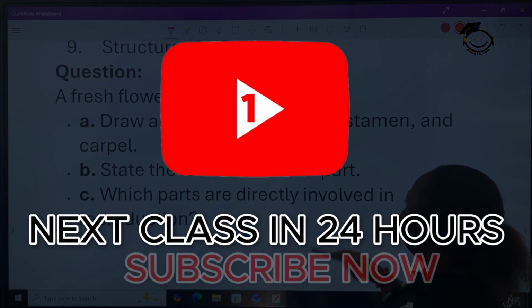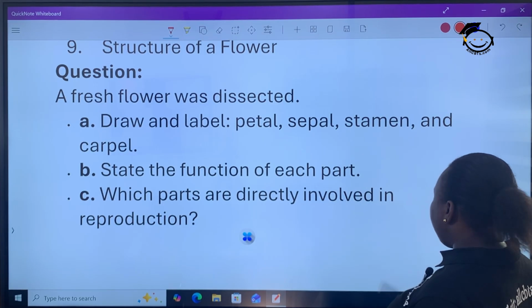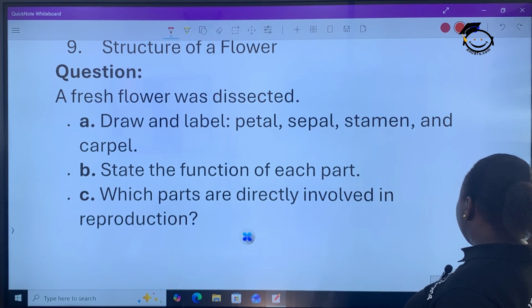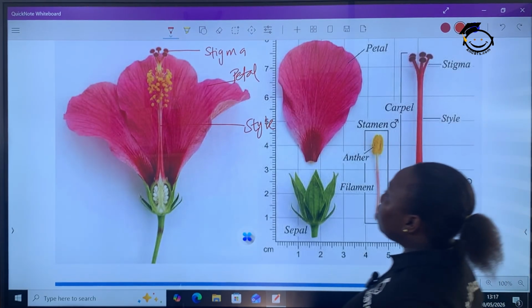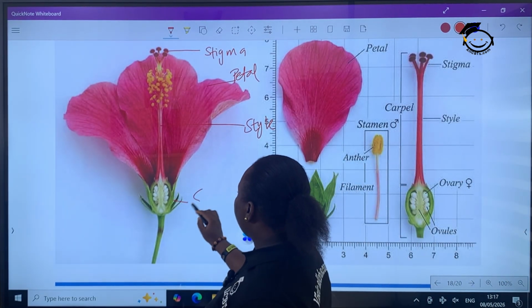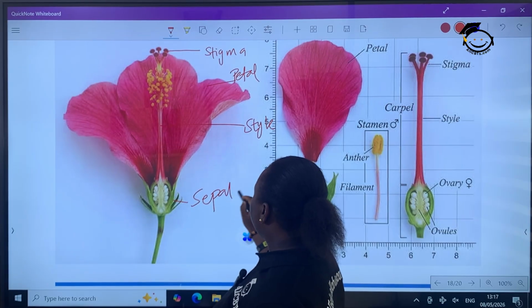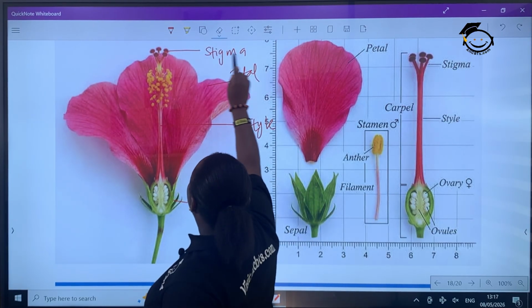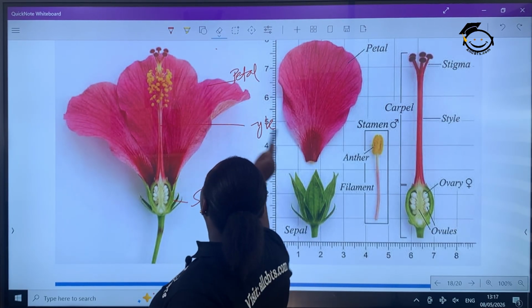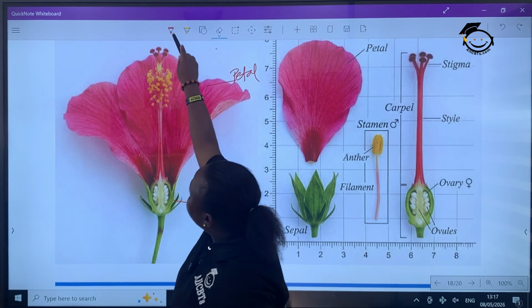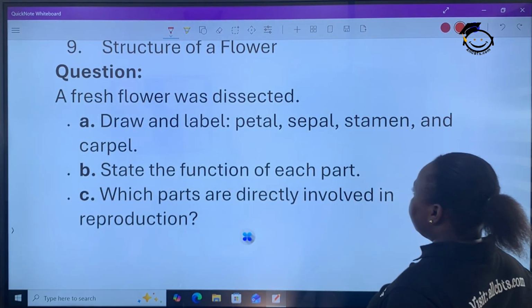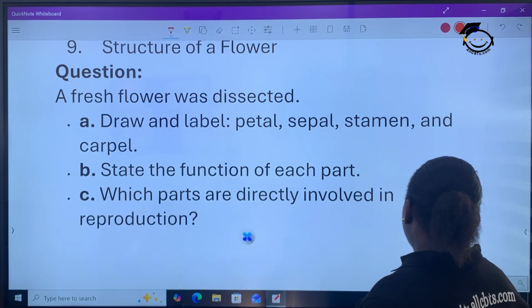Let's just label petal, sepal, stamen, and carpel. Okay, let's just label what we're asked to label. This is the sepal. The petals, the stamen, and the carpel.